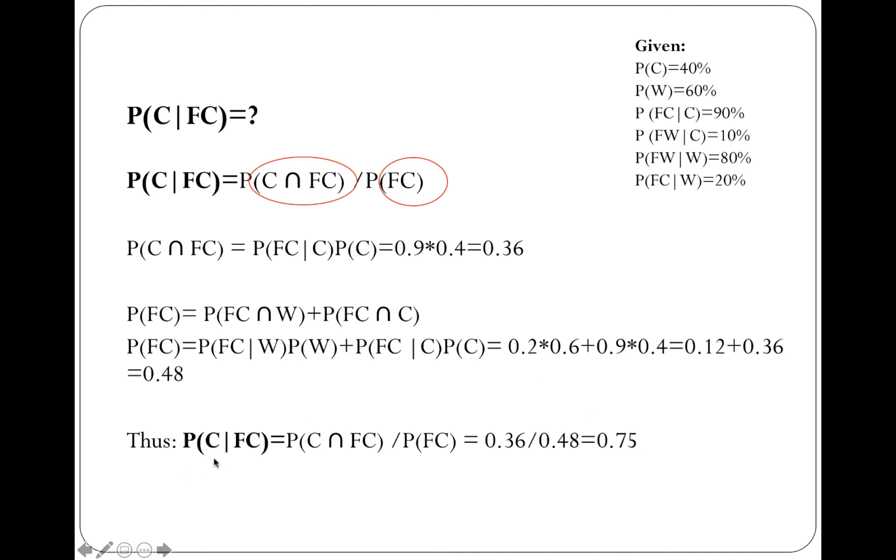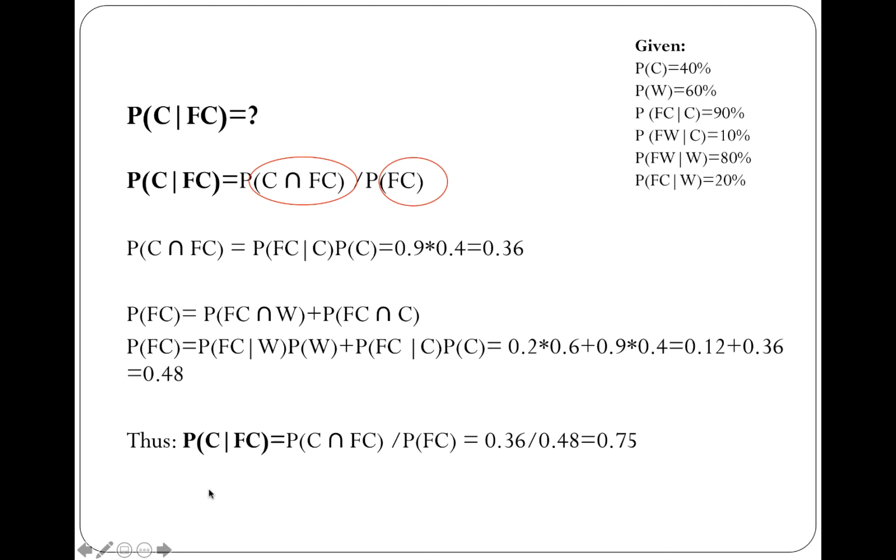One other thing before we go back to the decision tree: now that you calculated this, what is the complement of this probability? Remember, the complement of the probability never changes the condition part. So the complement of this probability is the chance that the weather is actually going to be warm if we know that the forecast has said it's going to be cold.